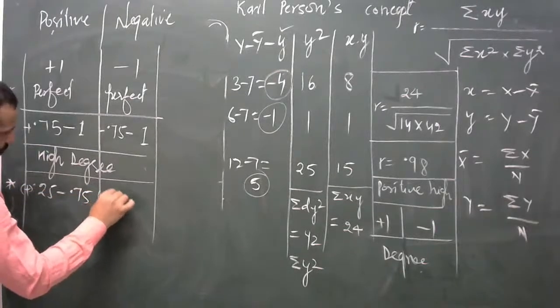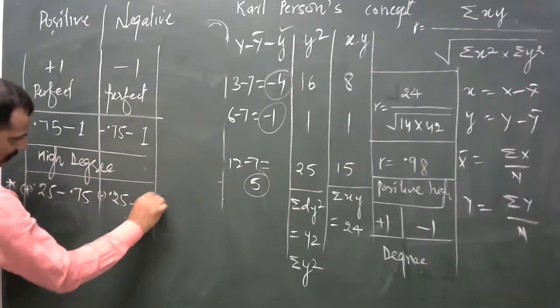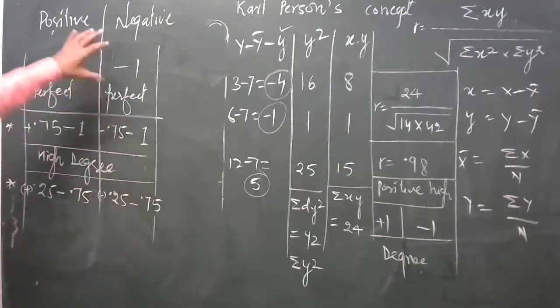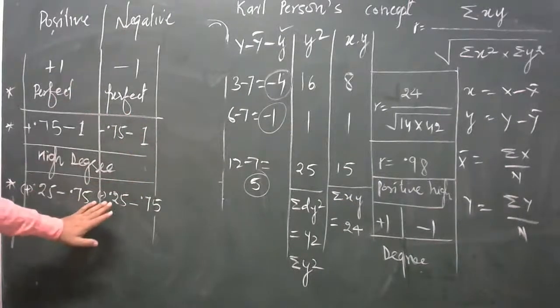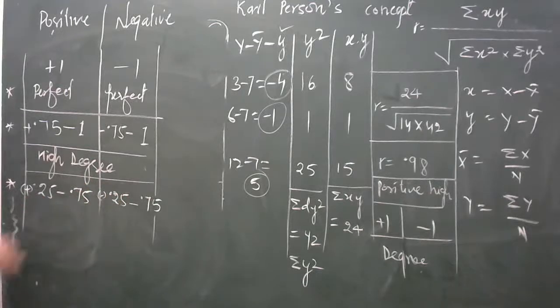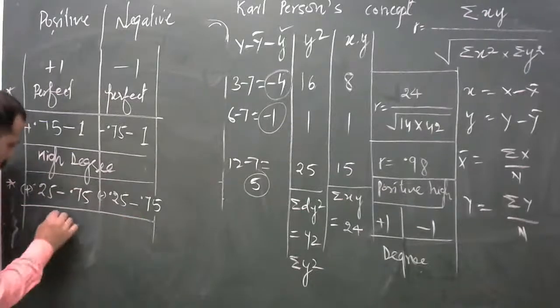Are you getting me better or not? This range you have to learn. If your answer falls in any of the ranges, you have to write the answer accordingly. This is perfect, high, next is moderate.